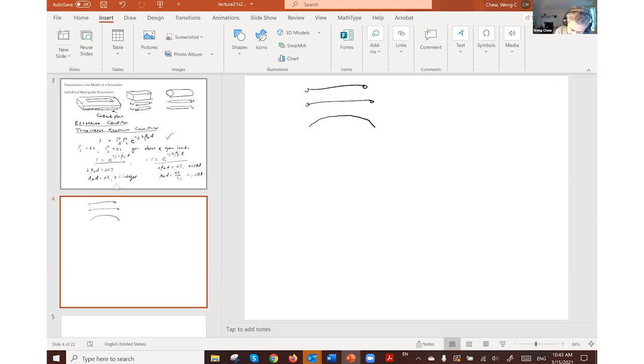That's when beta z d is equal to n pi. And the next one would be something like this. Okay, and then the next one would be something like this. But always ending with a 0 at the two ends, and these are the cases where beta z d equals n pi.